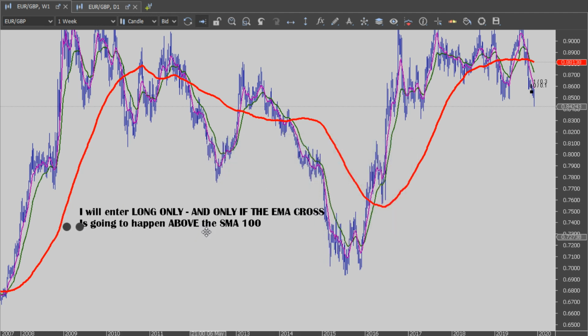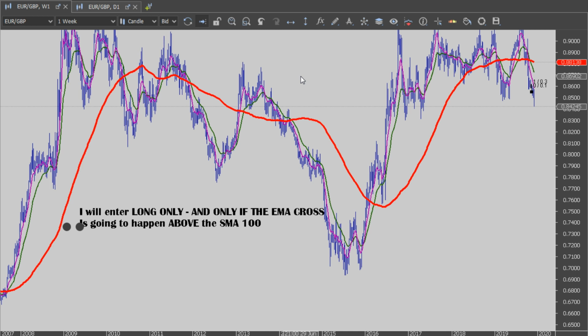Okay, and again, everybody, you need to test how the different indicators, how the different parameters are working on different time frames. But this is a simple example.